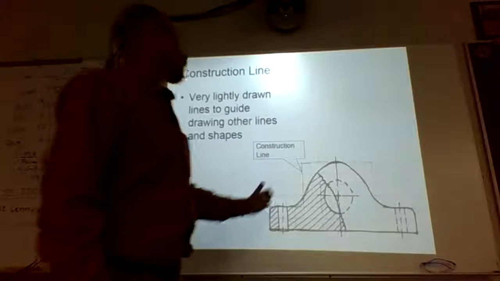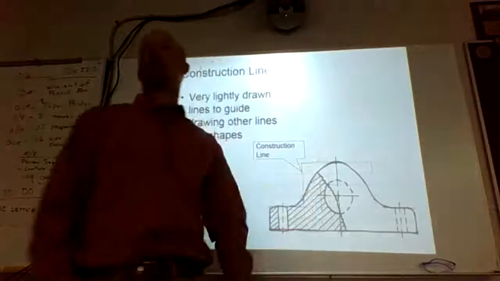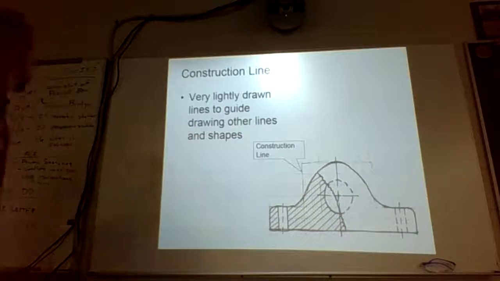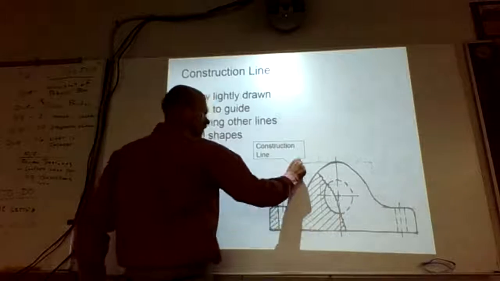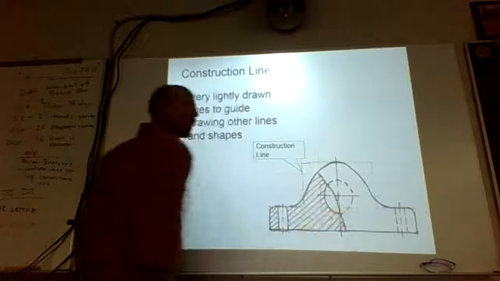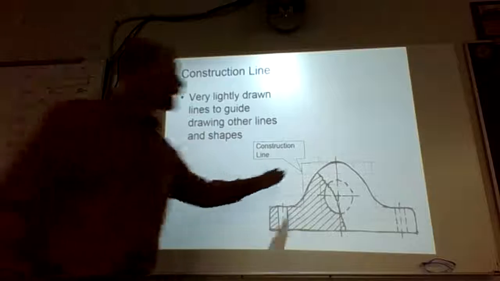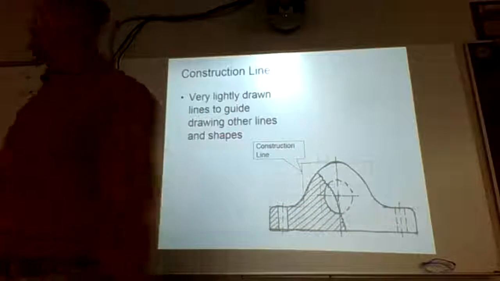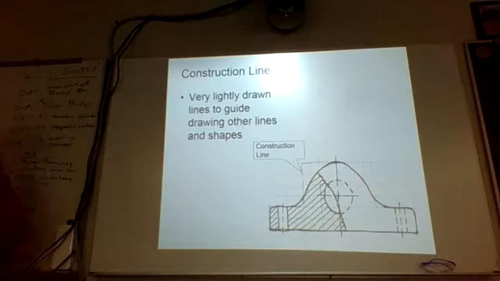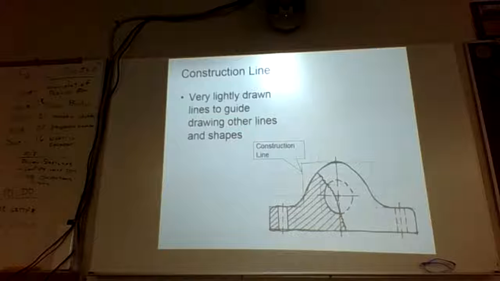All right, and if you're going to make this arc, some of you might want to put some construction lines. See these light lines right there to help you make that arc, or to help you make a circle. I'm using red for light, but I know it's not necessarily light.